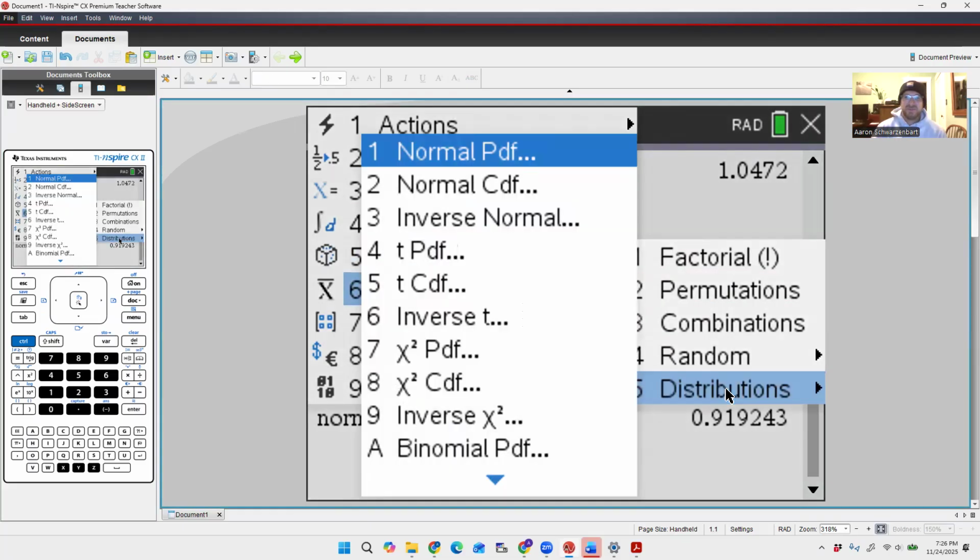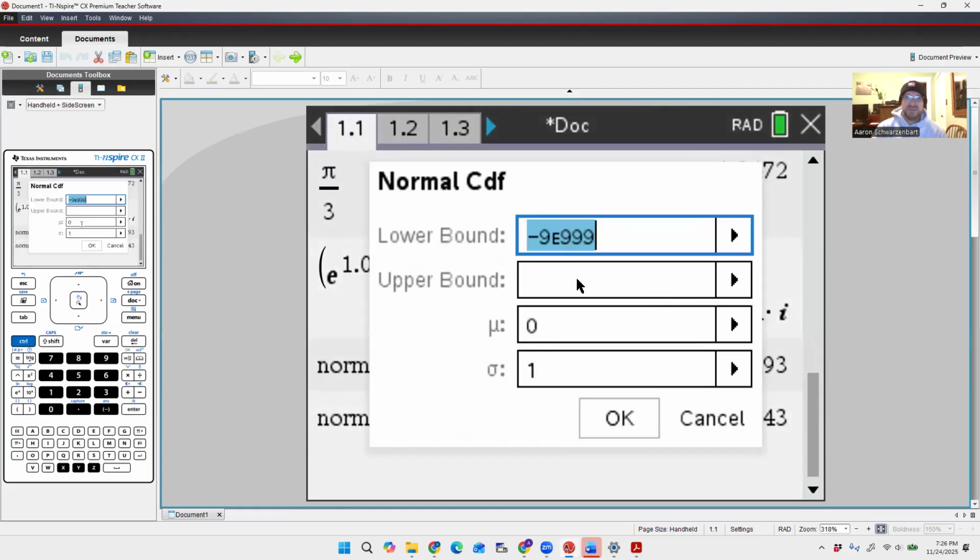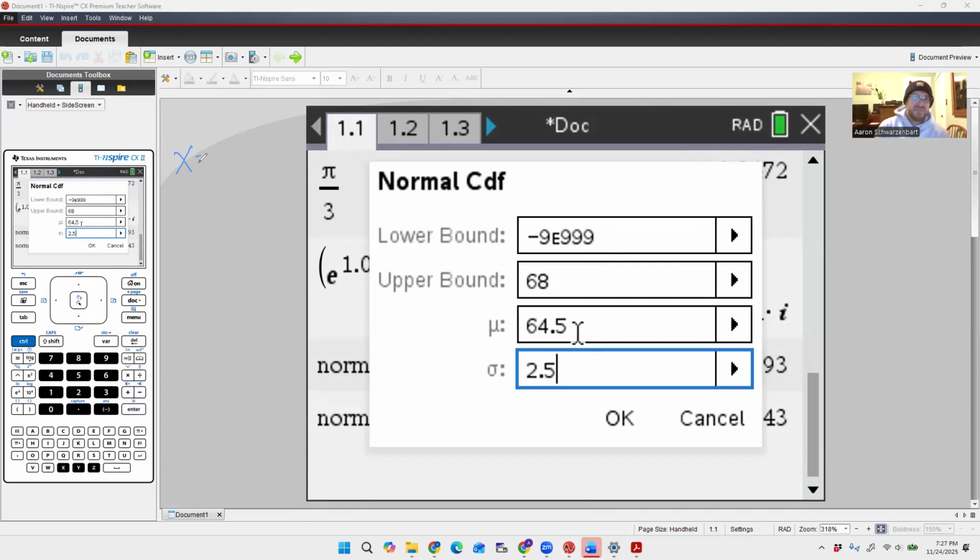probably doesn't matter. I said mine was 68 inches. If I change my mean to not be the standardized values and my standard deviation, so mean, remember that I calculated here, and you do need to be able to show this, but your calculator can do this for you.